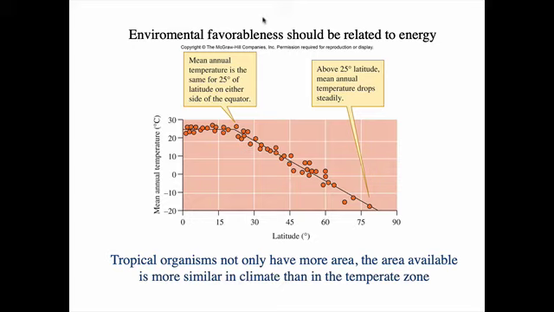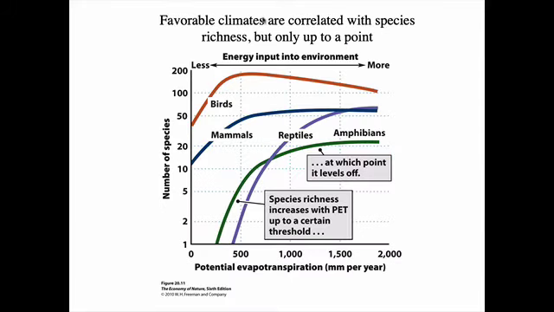As a result, we can ask, how does climate favorability, that is just the opportunities to live in a climate that does not stress you, relate to the diversity of particular taxa? So here's birds, mammals, reptiles, and amphibians, and here's evapotranspiration.